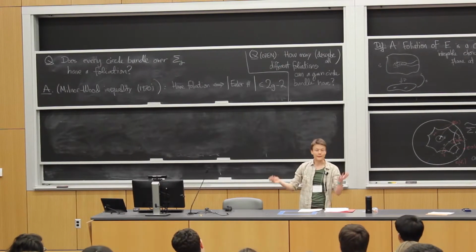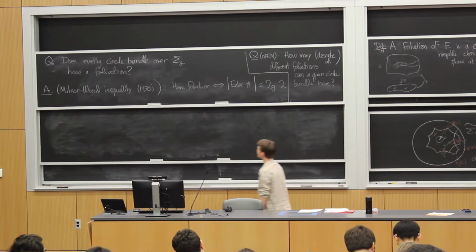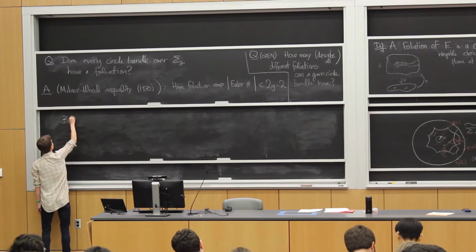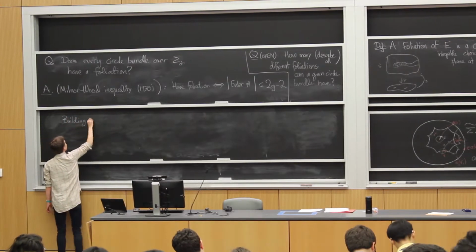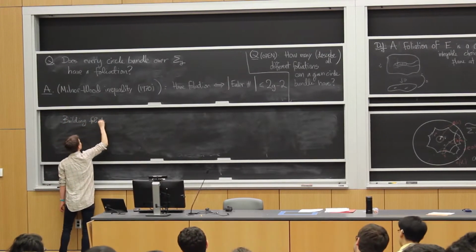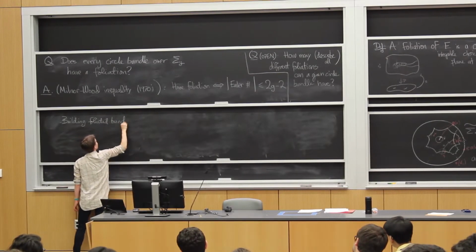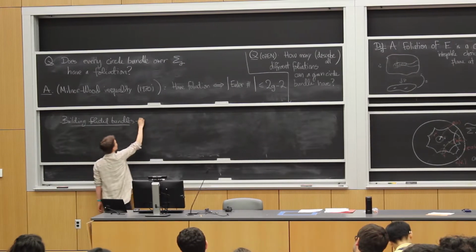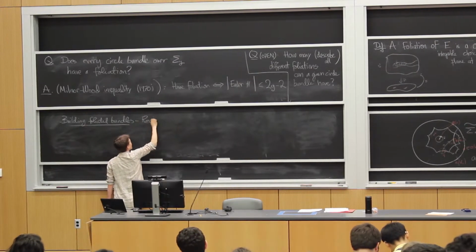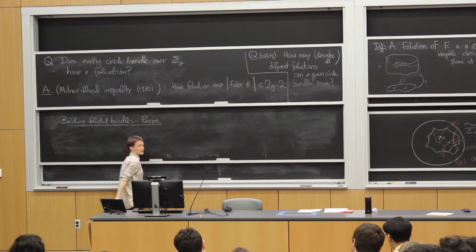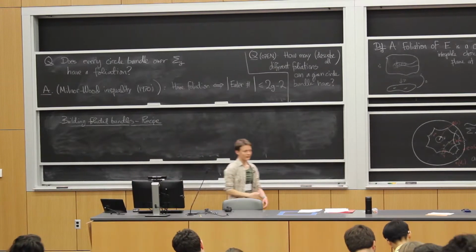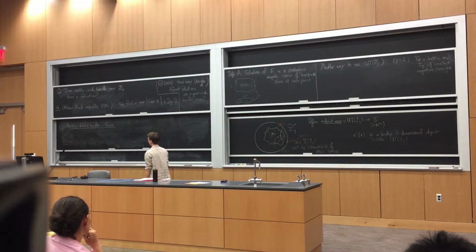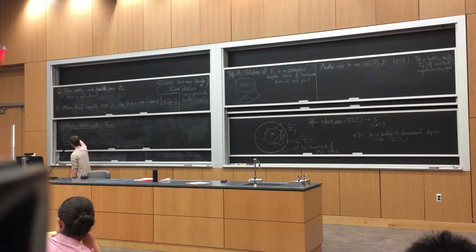So let me tell you how to build examples. Maybe that's a good way to start. Okay, let me give you a recipe for constructing an example. In fact, this recipe will work to construct every possible example. So here's my recipe. It has two ingredients.